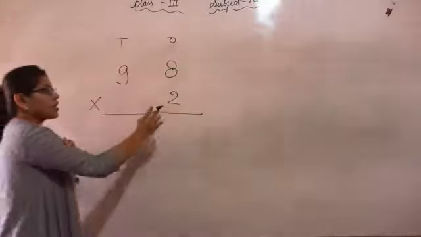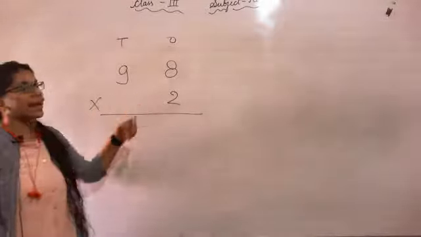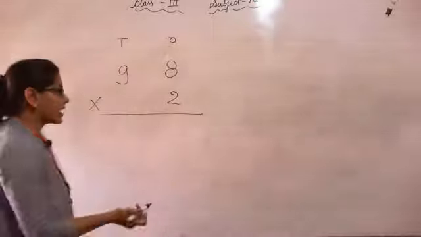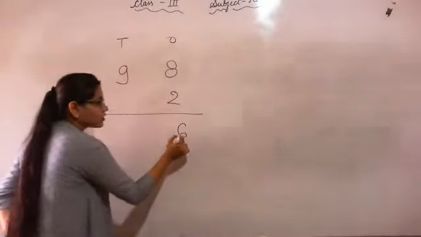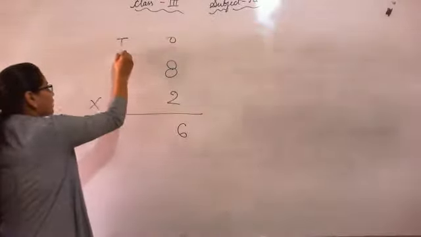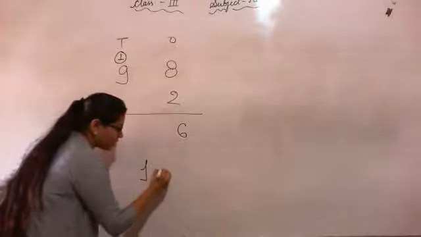Now, again dealing with ones first. 2 into 8. So 2 8s are 16. So 6 we will write in the ones column, and we will write 1 in the form of carry in tens column.